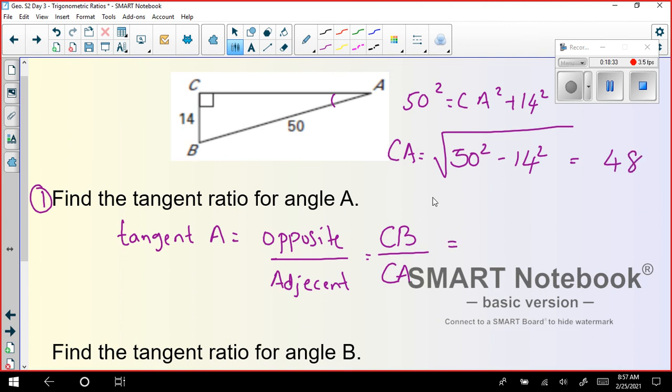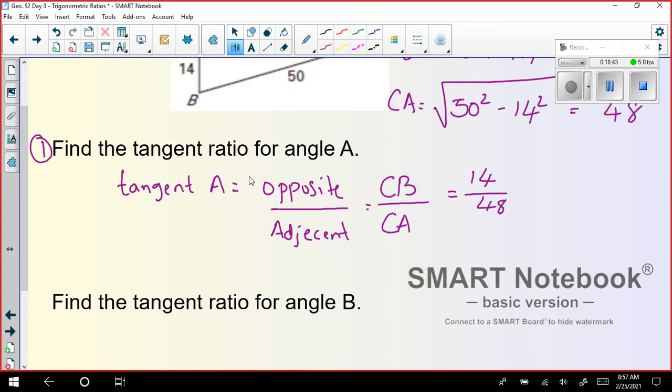CB was 14 and this was 48. Further I can simplify this as 2 times 7 and this as 2 times 2 and 2 times 4, 24. I can't simplify further, so just leave the answer here. It's 7 over 24. I just want you to try the tangent ratio of angle B in the same manner.